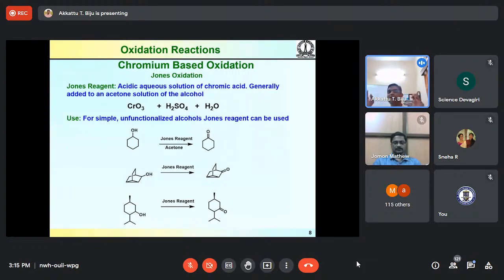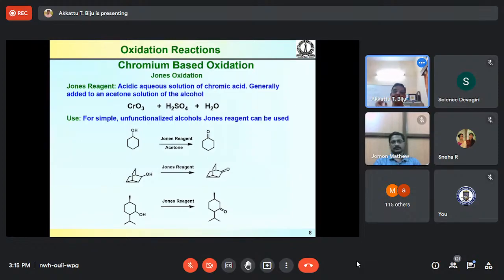Once you get the aldehyde, the carbonyl compound is much more reactive than the starting alcohol substrate, so it is always prone to further oxidation to form the carboxylic acid.